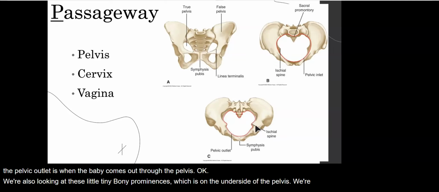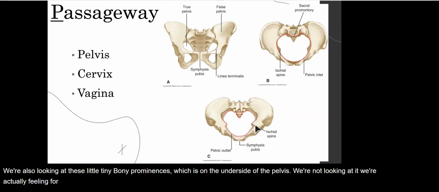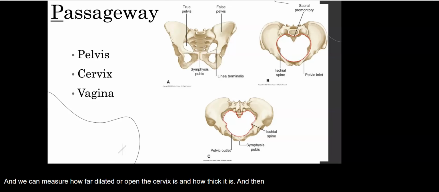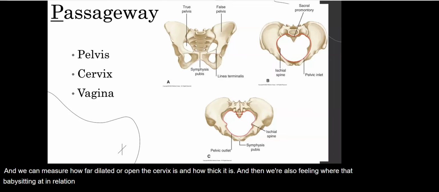We're not looking at it, we're actually feeling for it when we do a vaginal exam. When we do a vaginal exam, we insert 2 fingers, palm side up, and we can measure how far dilated or open the cervix is and how thick it is. And then we're also feeling where that baby's sitting in relation to those spines. We'll break that down even farther in a future slide here.